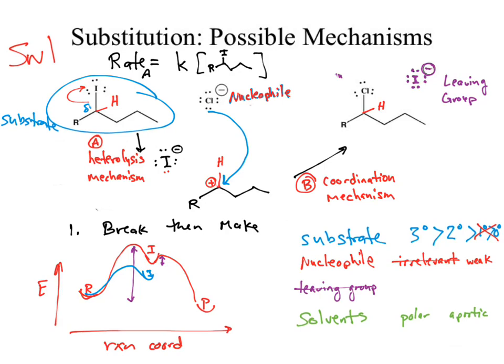Could my solvent potentially be used to stabilize that positive charge? Yes. What would the solvent have to supply to stabilize that positive charge? Electrons, not a proton, because a proton would be positively charged. If I drop a positive charge on that, that screws it over. So I need the biggest amount of electrons possible. Where do I get the biggest amount of electrons?